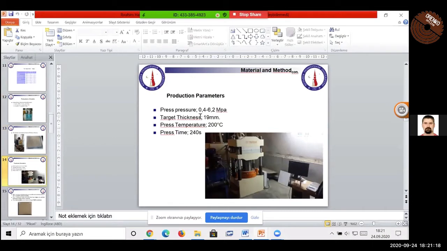Pressure is 0.4 or 6.2 megapascal, and target thickness is 19 millimeters. Press temperature is 200 degrees Celsius, and press time is 240 seconds.